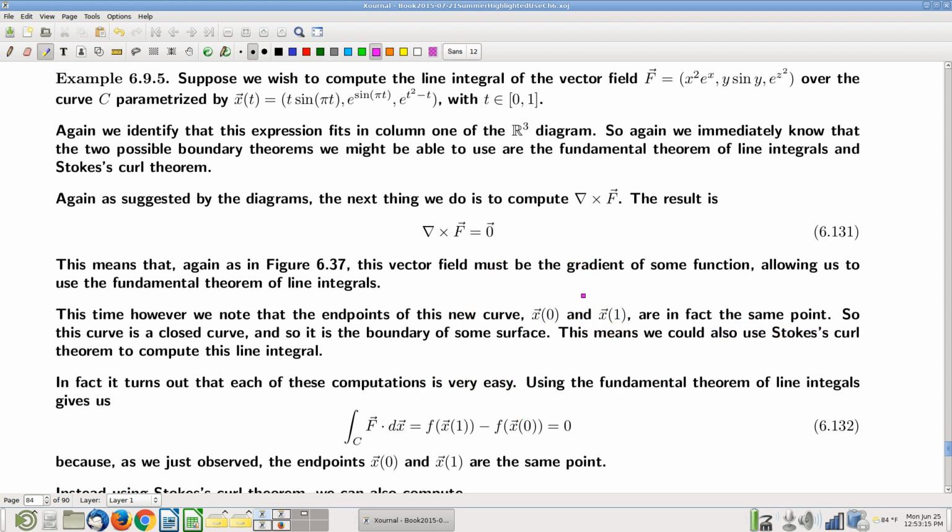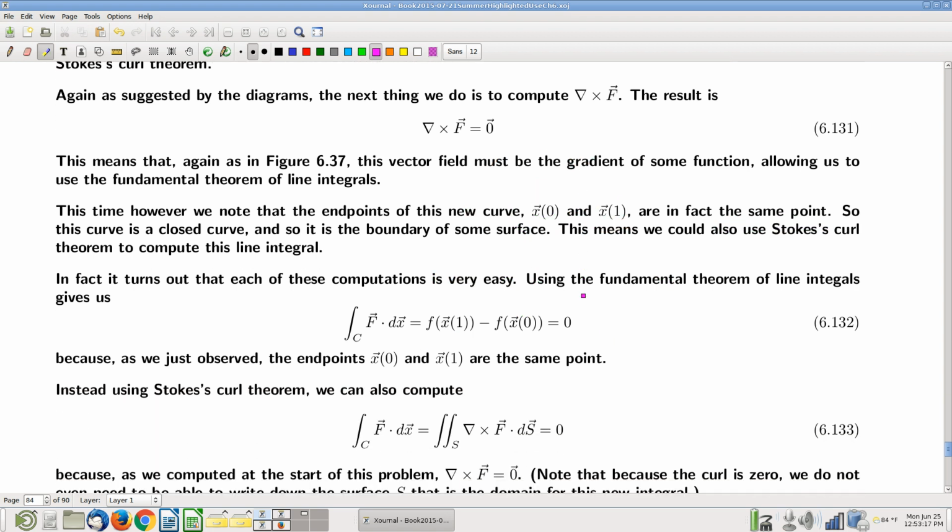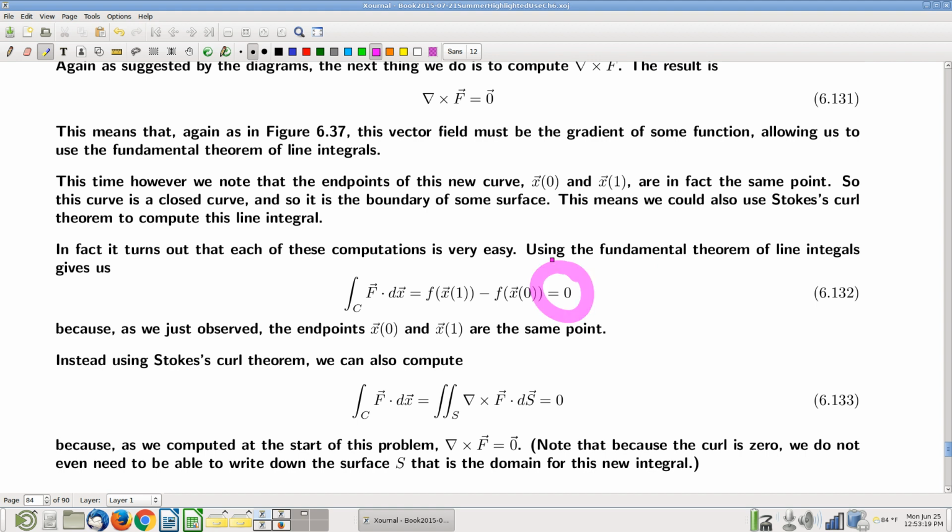Okay. All right. So now we have an answer, so we can sort of declare a victory right here. But I want to go ahead and show you how it works out the other way as well. The alternative, we agree that the curve is the boundary of some surface, so I can use Stokes' theorem.